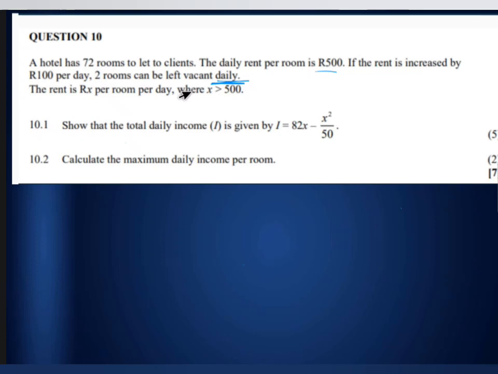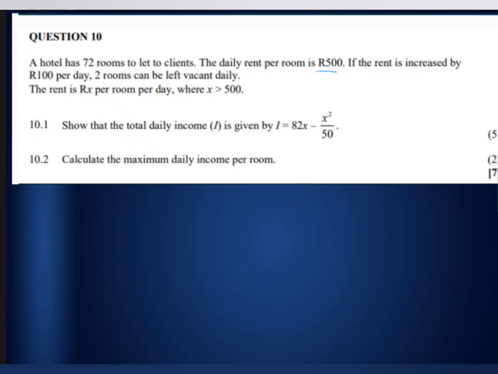So some questions I solve on the spot when I make a video. Some questions like this one, I had to check twice. All right, so you have to make sure you don't misinterpret the question. So their prices are increased by 100 rands per day, while at the same time 2 rooms are being removed per day, right? So that is actually the question.